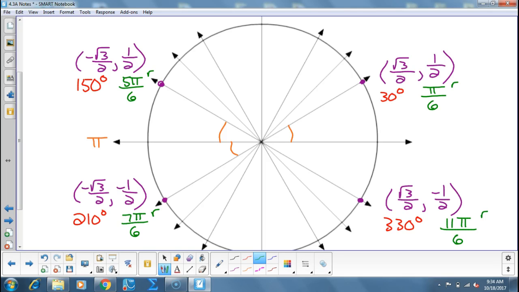Which you could have done with any of these. As long as you know what the degree is, you can just convert it, multiplying it by pi over 180. Okay? Good with those 4. So now we've got 12, right? Because we've got our blue ones.